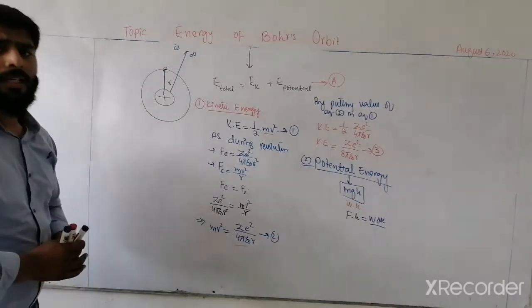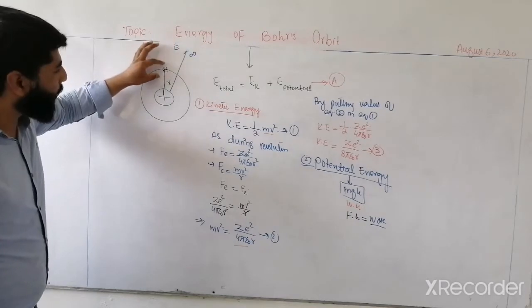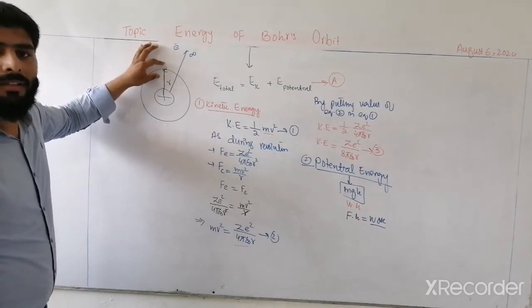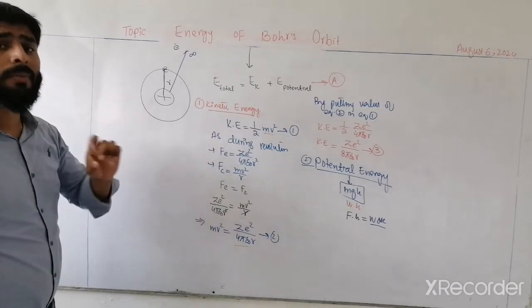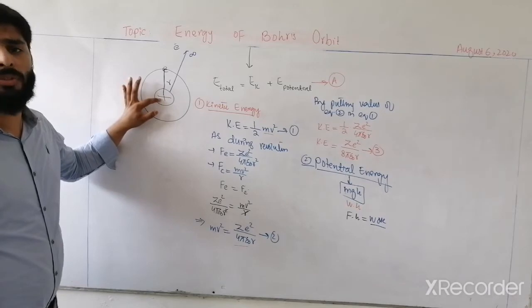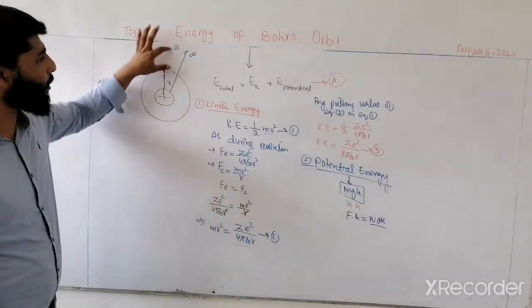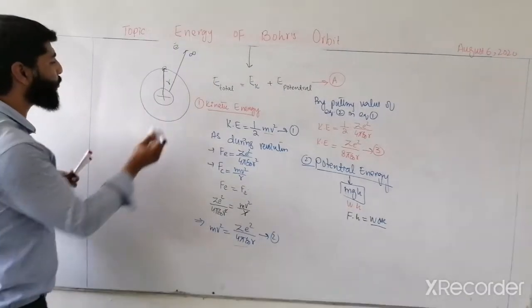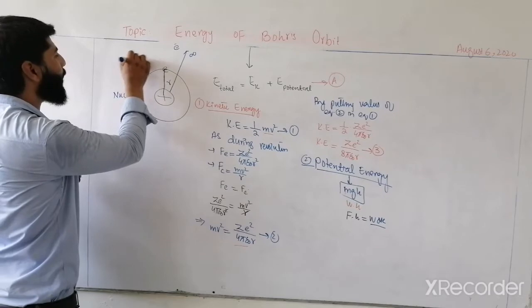So in bringing the electron from infinite distance to this distance r, a force is required, and work is done by a force. And what is the force? Force is the nuclear force upon the electron. So it is a force between nucleus and electron.